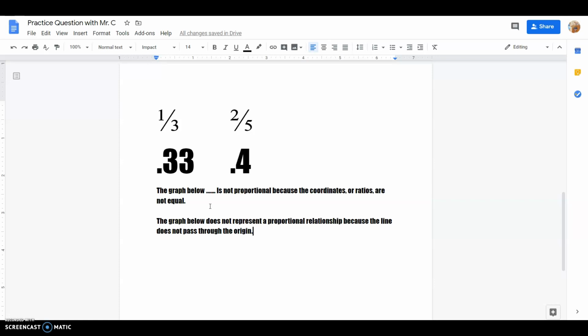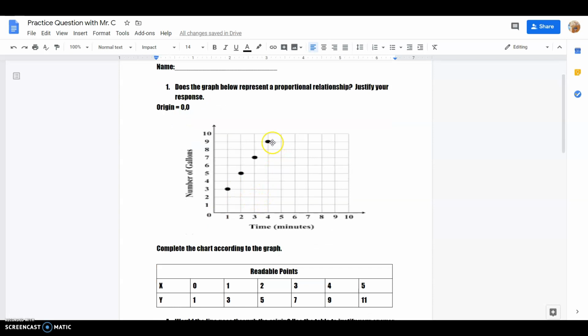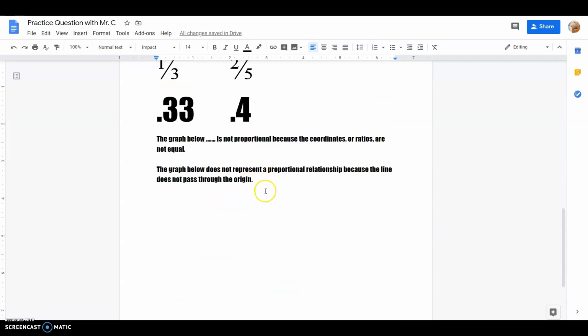If you remember the video before, if this line does not pass through 0, 0, then it is not proportional. So you could use that in your answer. But you need to prove it.